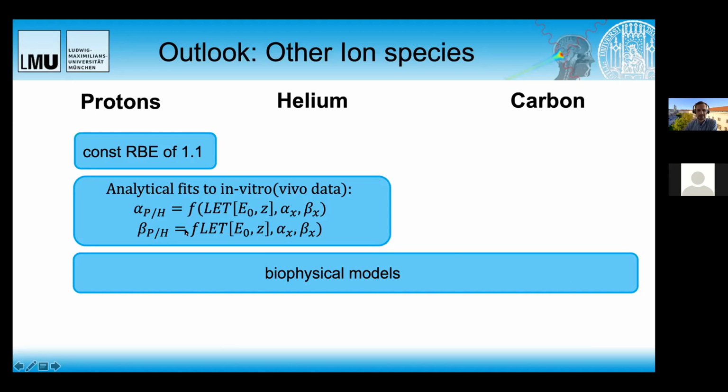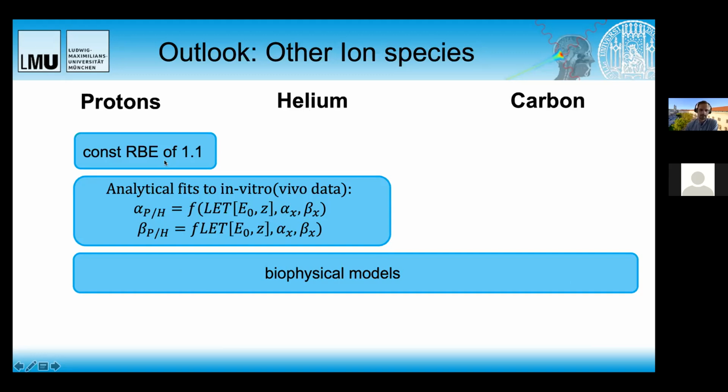But in addition to that, for protons and helium ions, the situation becomes less complex, so to speak, with fewer fragments. There are also analytical fits to in vitro data, where these radiosensitivity parameters, alpha for protons and helium, are simply derived from analytical fits accounting for the LET and the photon reference parameters.